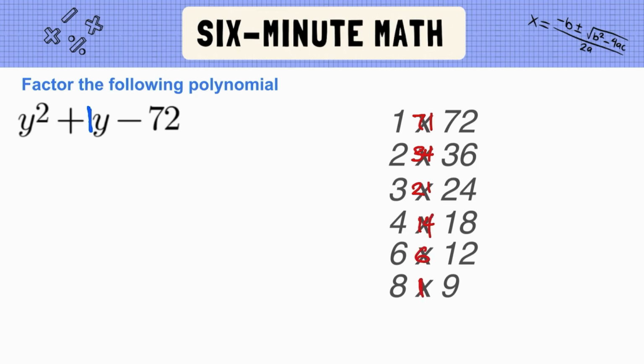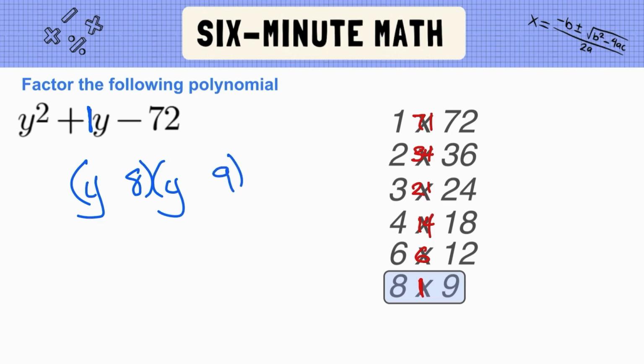And that tells us we have 8 and 9 as our binomials. So we have y and 8, y and 9. And then this middle b value is positive, and that tells us our higher number is going to be positive. So we would have y minus 8 times y plus 9.